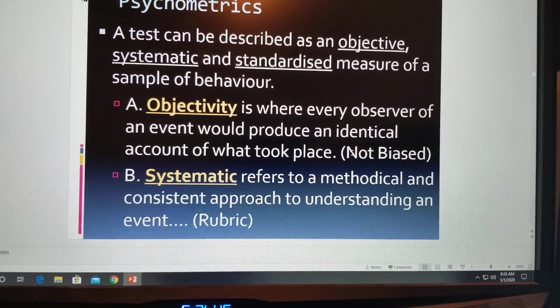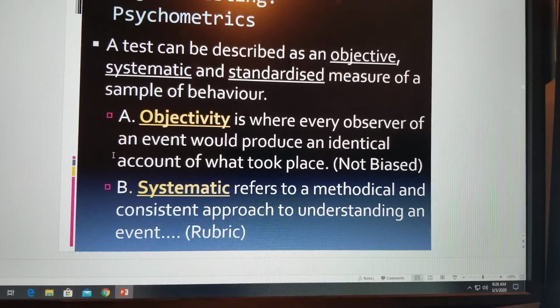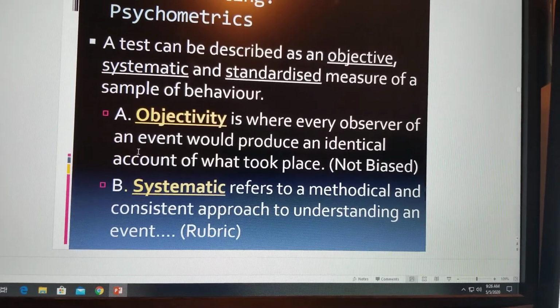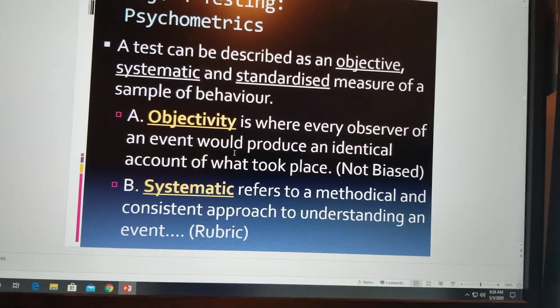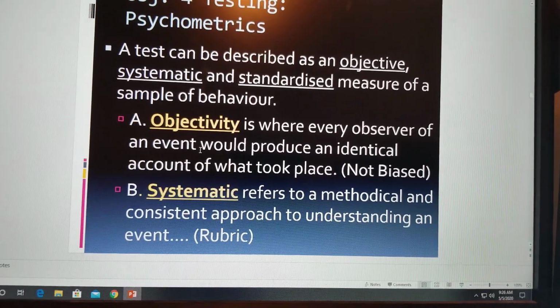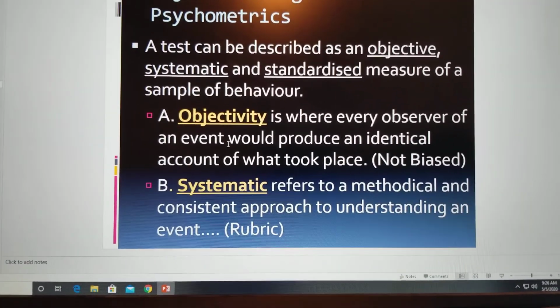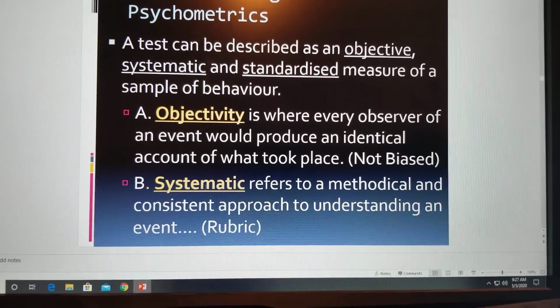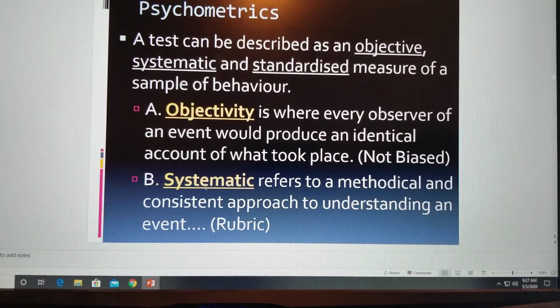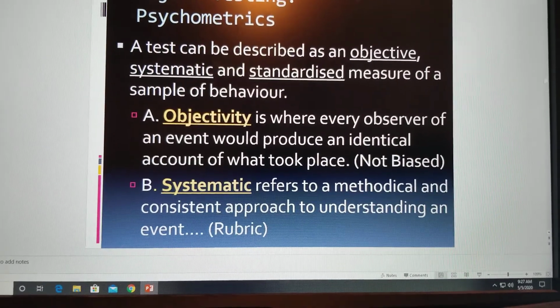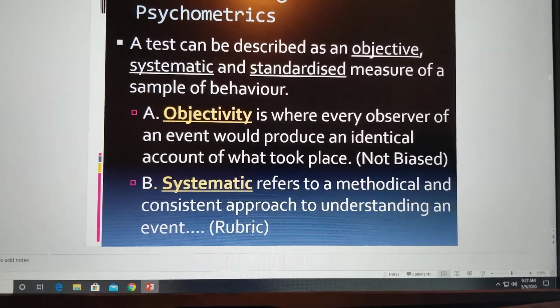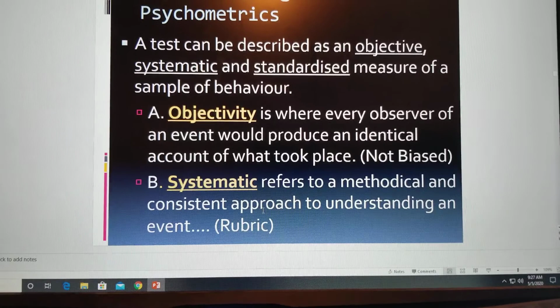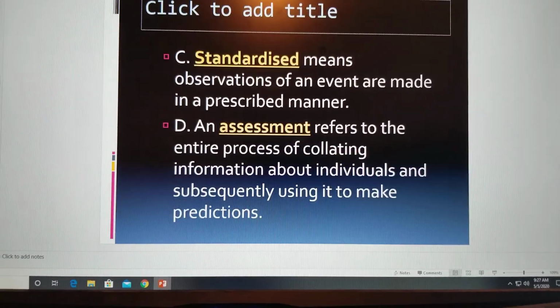That means it's not biased, and every observer that would look at it would be able to create an identical account of what's going on. So it's not biased to one individual or group of people versus another. Systematic is that it has a way to be scored, graded. There's a rubric. There's a set way to assess it and understand it.